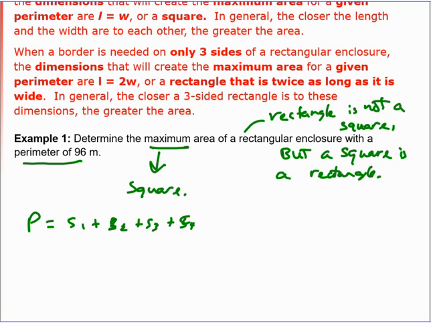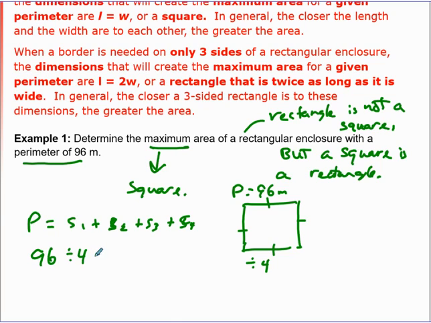But if we know it's going to be a square, and all the sides are equal, and the perimeter is 96, how are we going to find out what each of these are? Well, divide by 4. So the perimeter is 96, and 96 divided by 4 is 24.